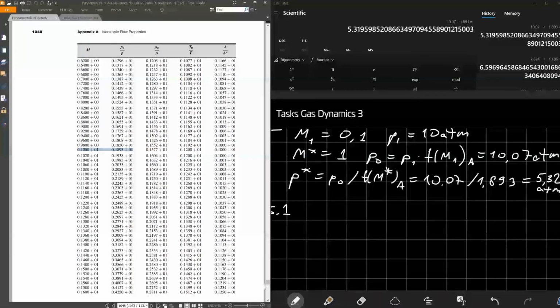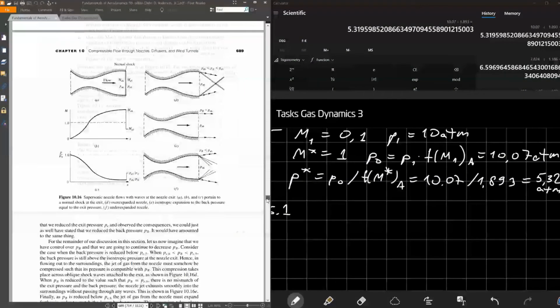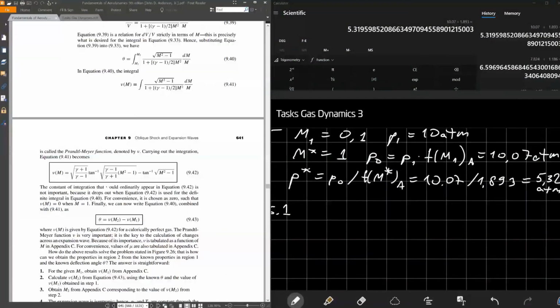the Prandtl-Meyer function. Let's go to see the theory just a bit. Here is the Prandtl-Meyer function. Quite scary, right? So I will not ask you to calculate it during the exam.